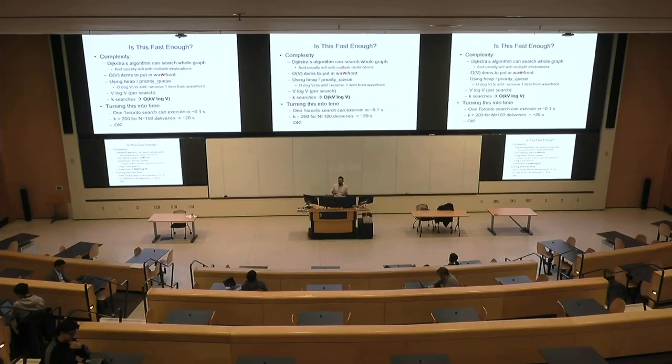So in the worst case, we're going to put all of the intersections in the city inside the wavefront. And because we're using a heap or priority queue, inserting or removing nodes from the priority queue is O of log V. So in total, one call of multi-destination Dijkstra is going to be O of V log V. Because we are calling this k times, the number of intersections we're interested in, it's going to be O of k V log V.